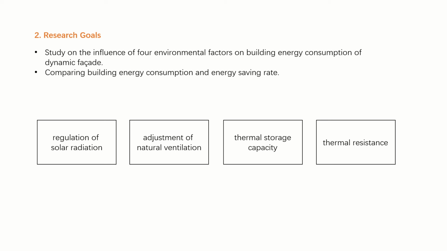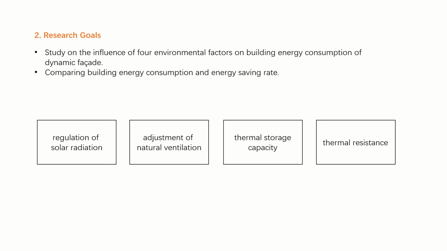So, why these 4 factors? First of all, solar radiation affects the heat gain of the building, thereby affecting the indoor temperature and having a greater impact on indoor comfort. And as a passive energy saving strategy, natural ventilation improves indoor thermal comfort while taking away indoor heat.